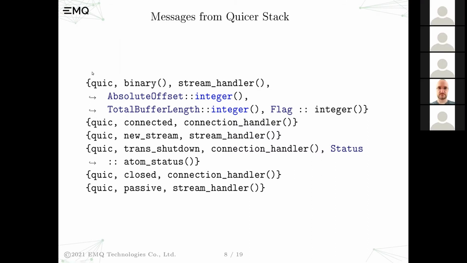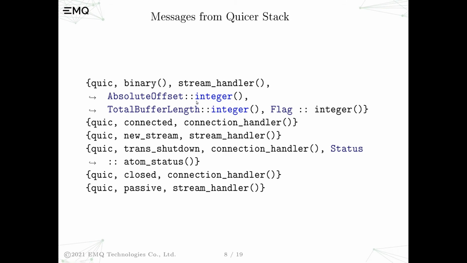The first message is for when the stream receives data: it is quic as the first term, then the binary is the data, then you have the stream handler, which you can use to close it, as the handler for the API. There are some other flags and lengths, mostly helping to understand what is happening in the QUIC protocol.